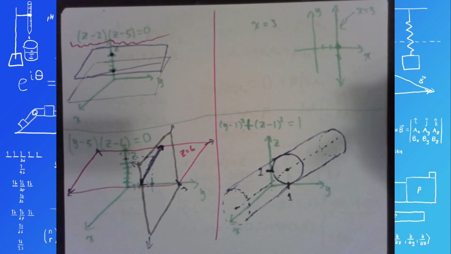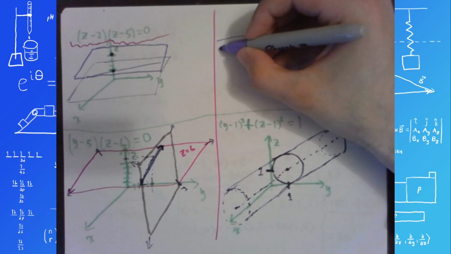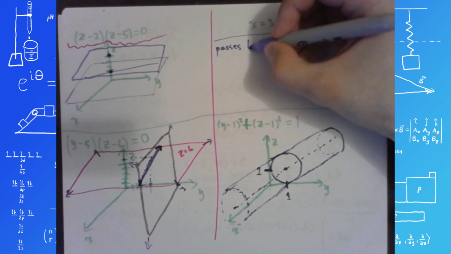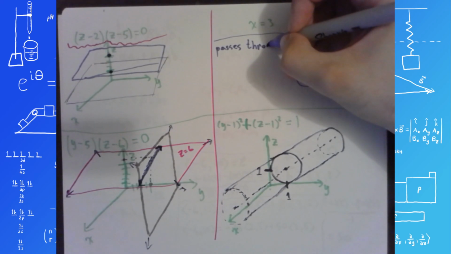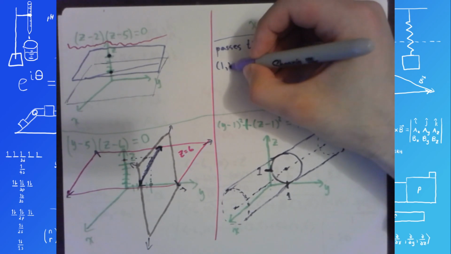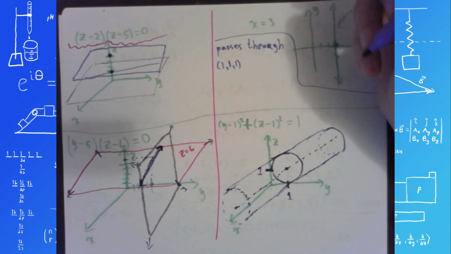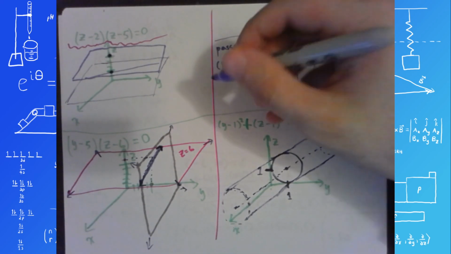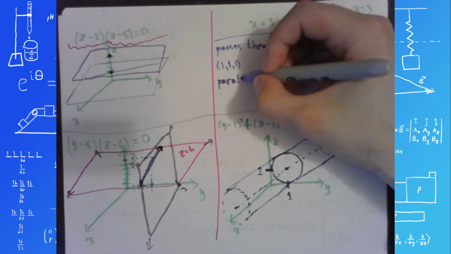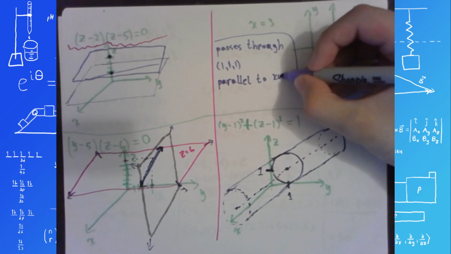I guess I'll work on that in this little space here. So passes through 1, 1, 1 and is parallel to the xy plane.